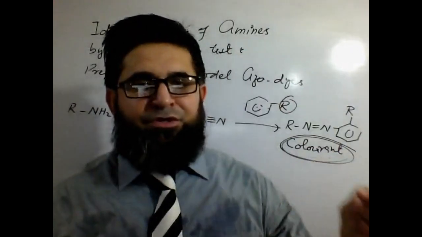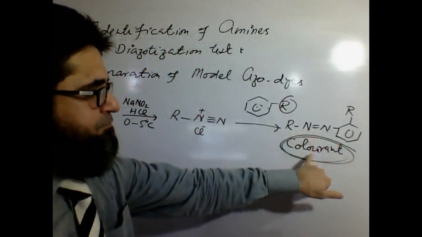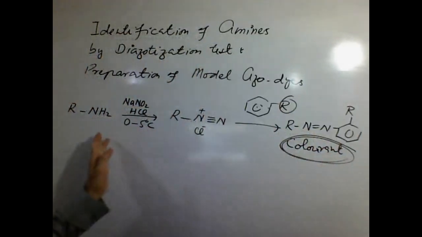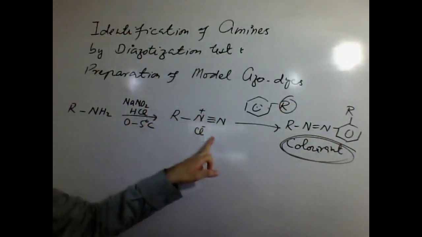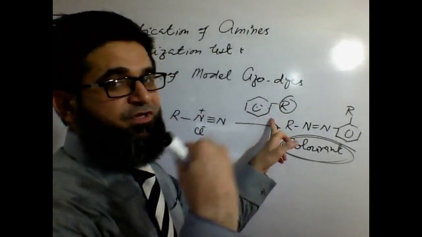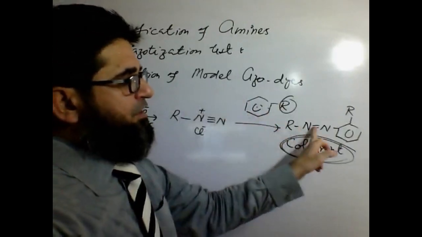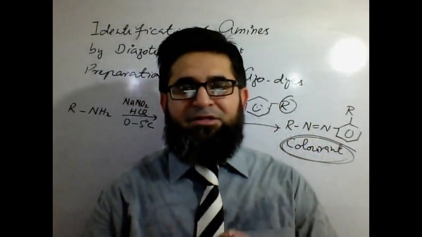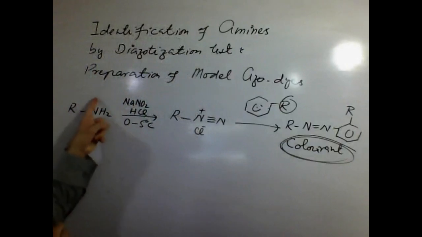If the students get color as a reaction product, that represents the starting compound was an amine, which would have undergone diazotization, then further coupled with some sort of coupler which we would have introduced into it. As a result of the coupling, a colorant would have been produced. So the appearance of a color in the flask represents the starting compound was an amine.